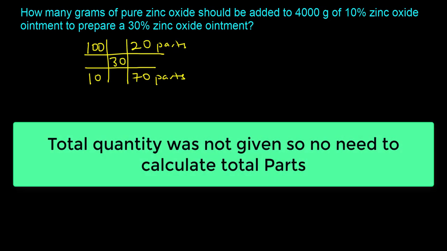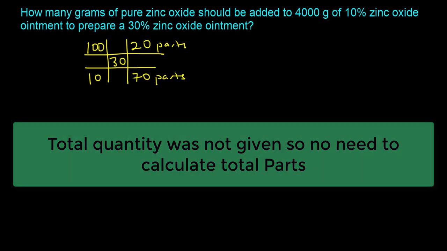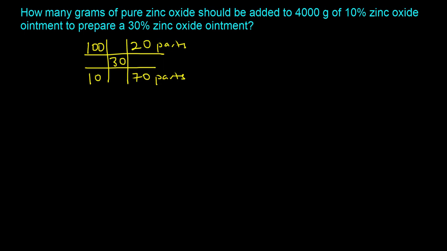So there is no need here to find the total parts. Rather, we've been given the amount of the 10% zinc oxide ointment. So we'll take that amount, which is 4,000 grams, and we will divide that by the parts of the 10%, which is 70.